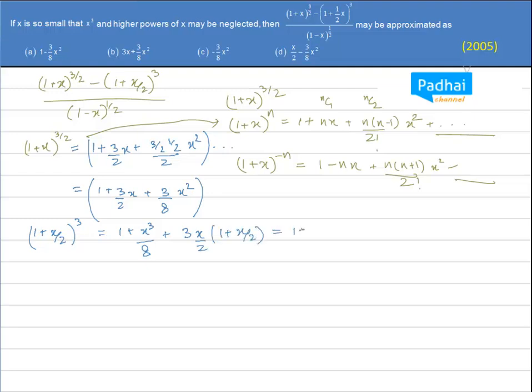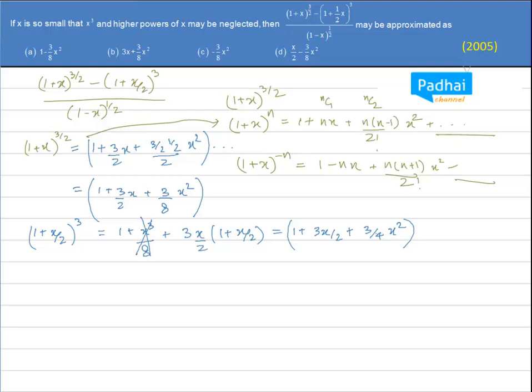I can neglect the x cube term directly over here because it is told that x cube is a very small quantity. So this will be 1 plus 3x by 2 plus 3 by 4 x square. This gives me this quantity.